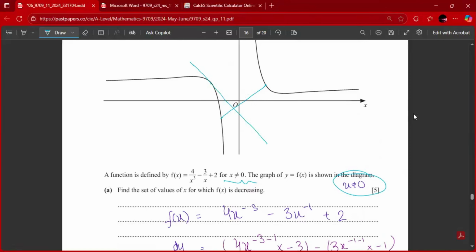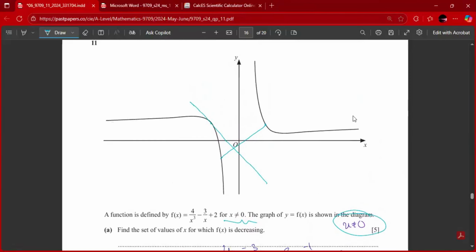This is a rough diagram. There's a high chance it might be wrong. It's probably something like this.